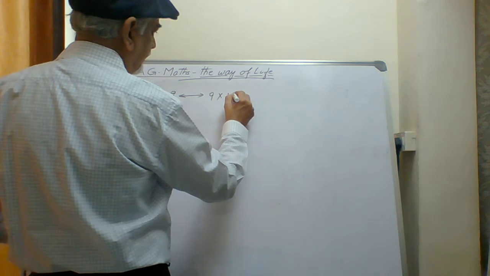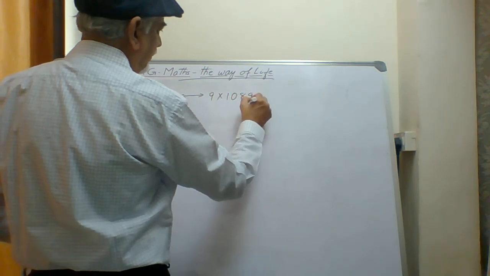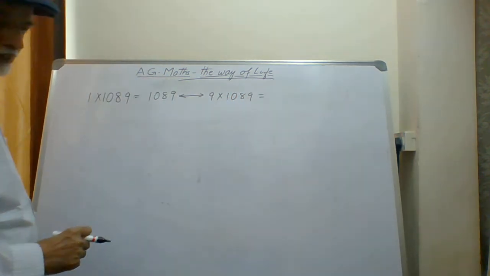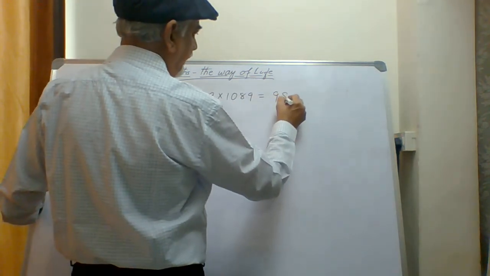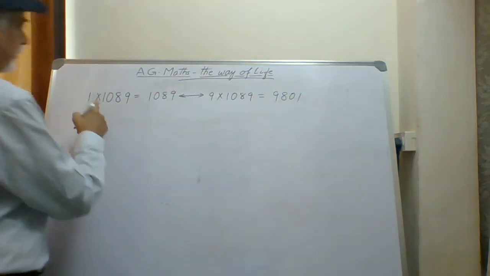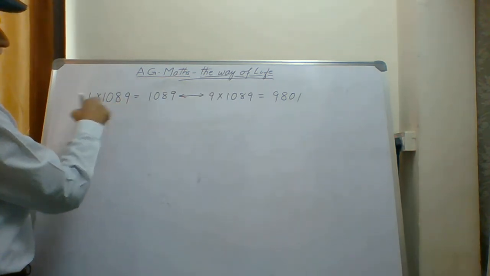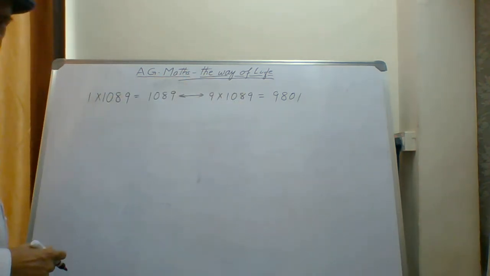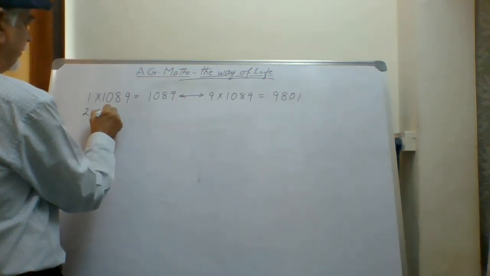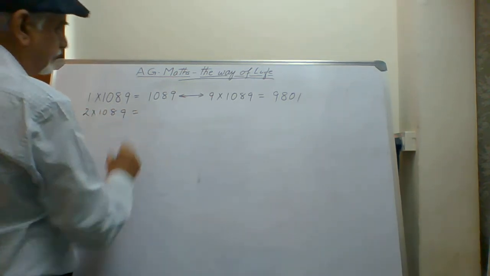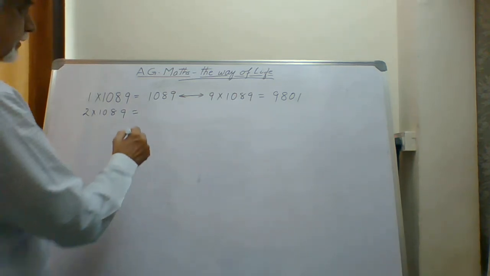When I do 9 into 1089, the value will come as 9801. It will get reversed. 1089, 9801. It gets a reversal. Similarly, 2 times of this, just the double of it, is 2178.